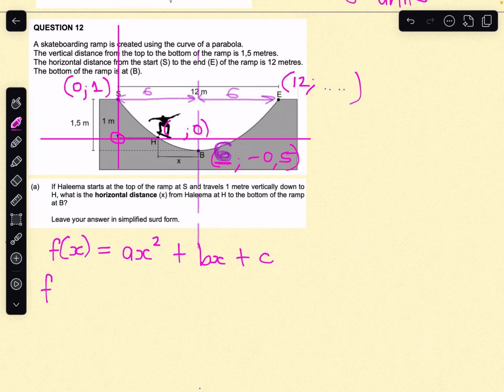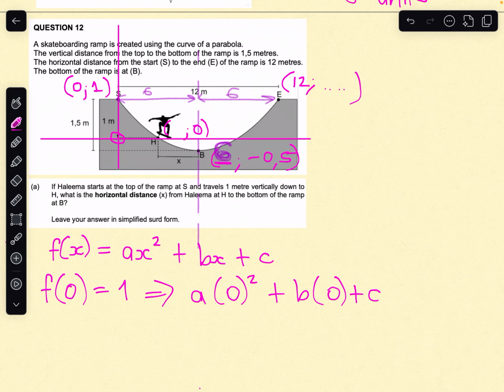We know that when x is equal to 0, y is equal to 1. So we sub in our 0, and we are left with that. So then we know that our f of x looks something like this.